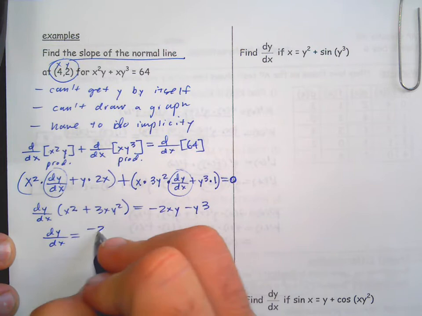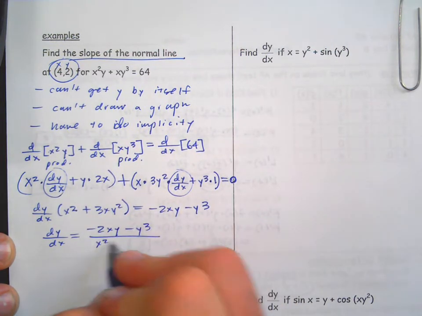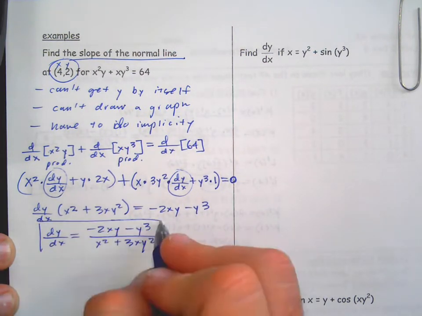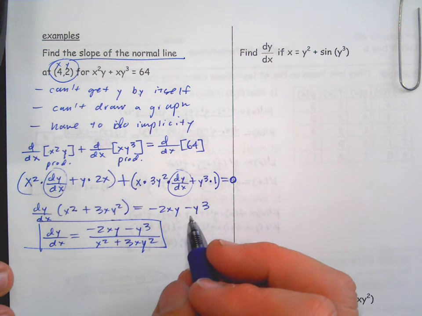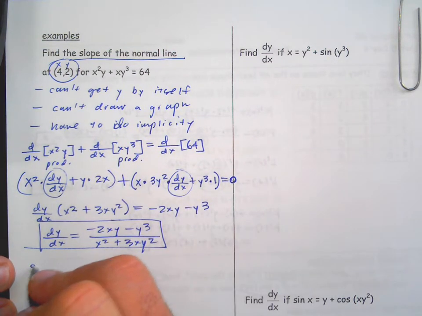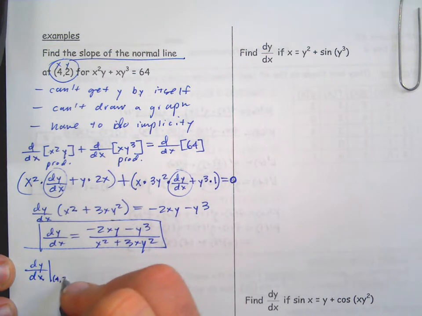That's going to be negative 2xy minus y cubed over x squared plus 3xy squared. So that's dy/dx, if you were being asked to find it, okay? Now, since we're being asked to use it, we could go ahead and plug in (4, 2) into this.